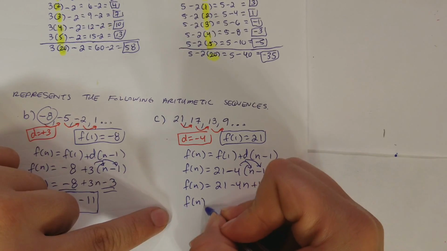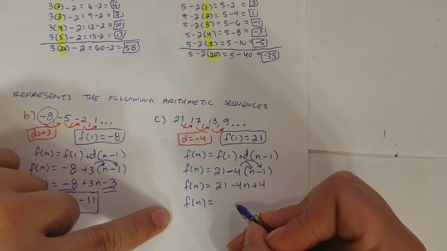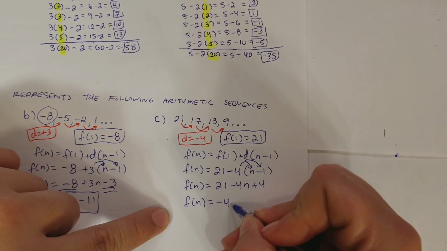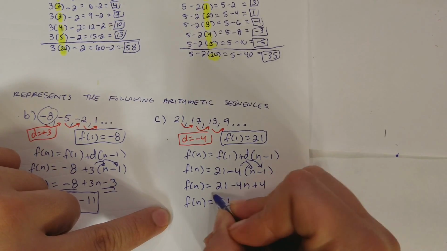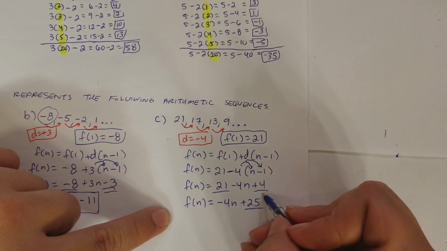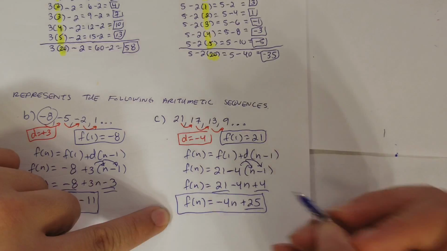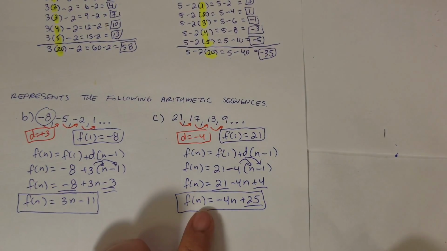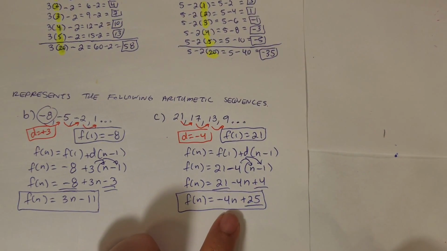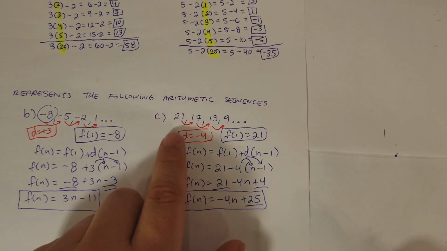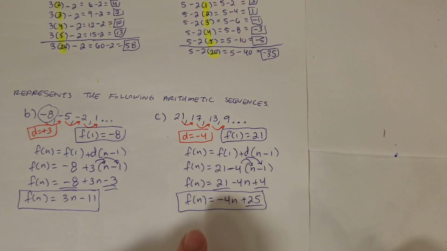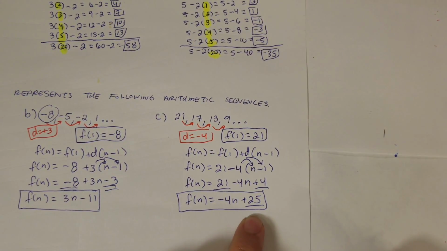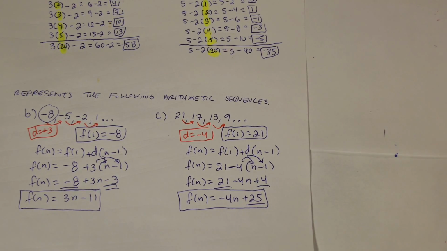So I get finally 21 plus 4 is 25. So -4n plus 25. I combine this guy and I got this. So this will be my final answer. The arithmetic function or arithmetic pattern that represents this pattern would be -4n plus 25. And you can verify it and it'll actually work out to what you want.